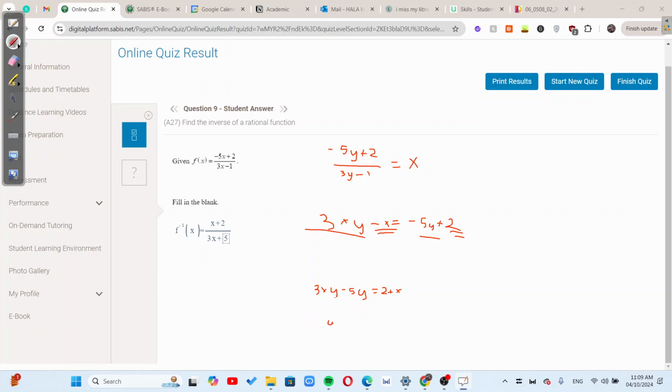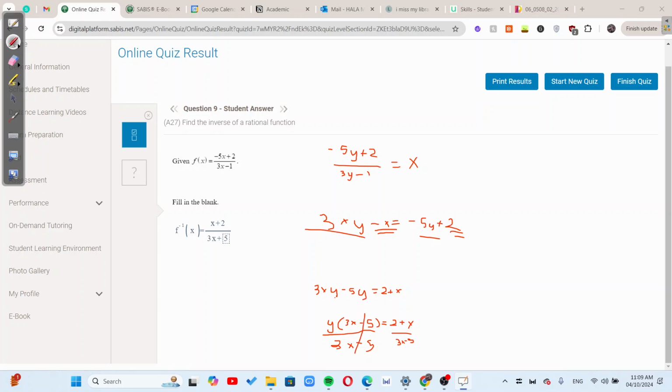So you're gonna be y times 3x minus 5 equals 2 plus x. And we know that if you want to get rid of anything, you have to just divide by it, on both sides. So this is 3x minus 5 over 3x minus 5.